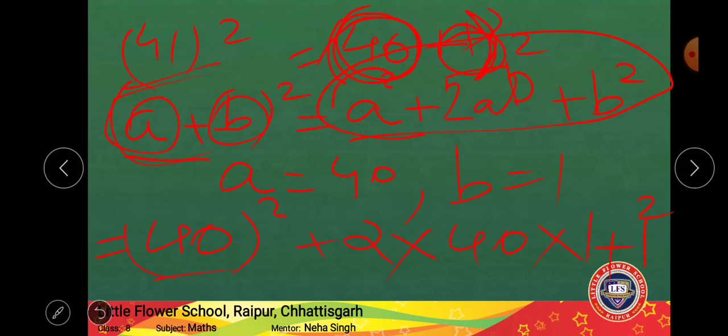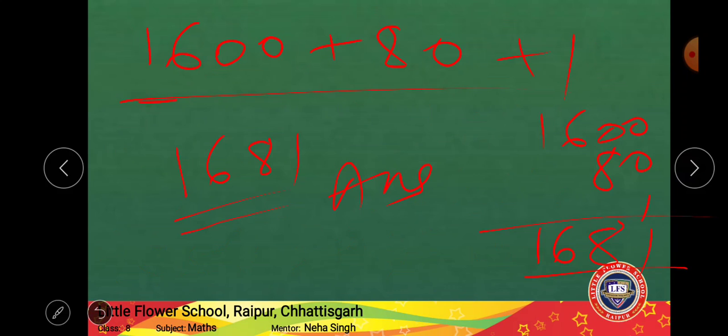Now I'll put the values: 40 square plus 2 into 40 into 1 plus 1 square. Now 40 square means 4 square is 16 and 0 I'll write twice since it is a square. So 1600 plus 2 into 40 is 80, 80 into 1 is 80, and plus 1. So 1600 plus 80 plus 1, 1681 is the answer.